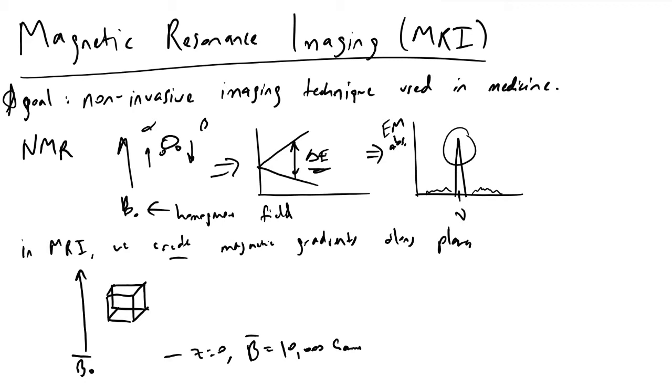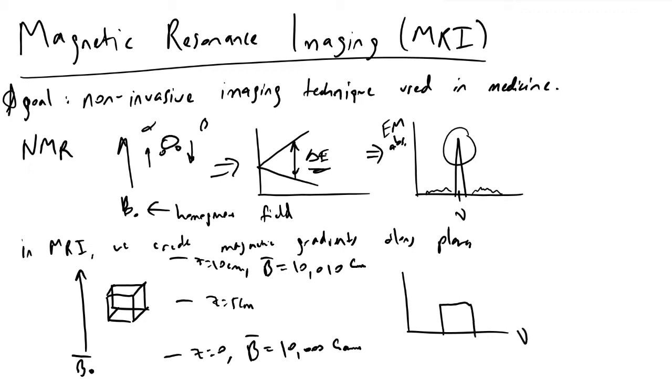And if the point up here had a value Z equals 10 centimeters in length and a magnetic field strength equivalent to 10,010 Gauss, we've created a magnetic gradient now in the Z direction, and this would be Z equals 5 centimeters. What we would find when we take a Fourier transform of our data is we would get some kind of plot that looks like this. And so at multiple frequencies, there's going to be an absorption of our electromagnetic radiation, just the radio frequency that's passing through the sample.